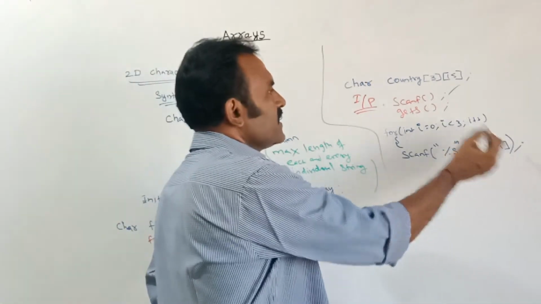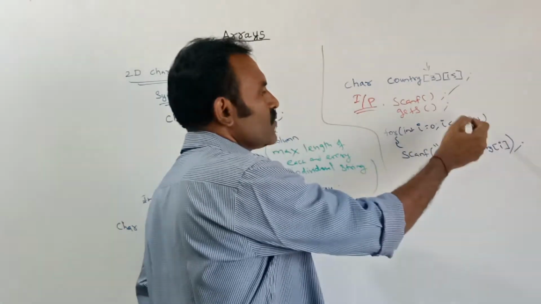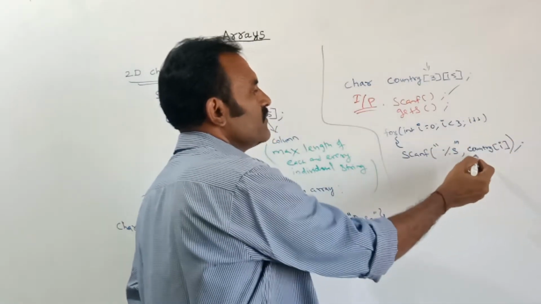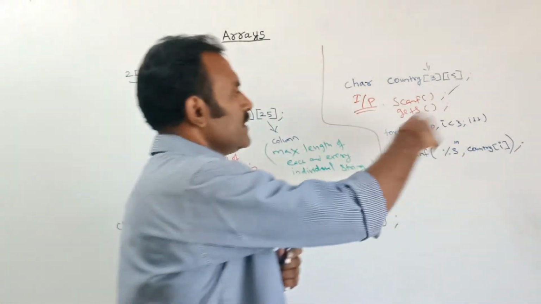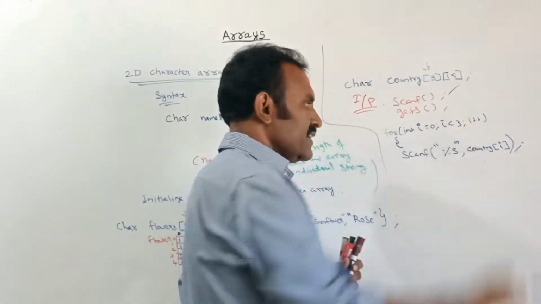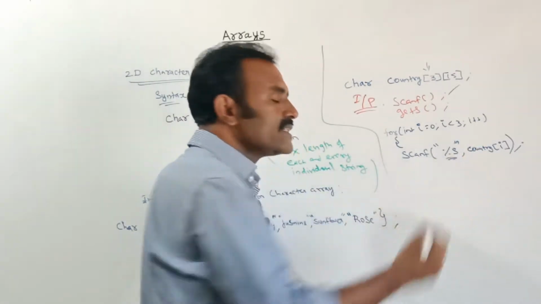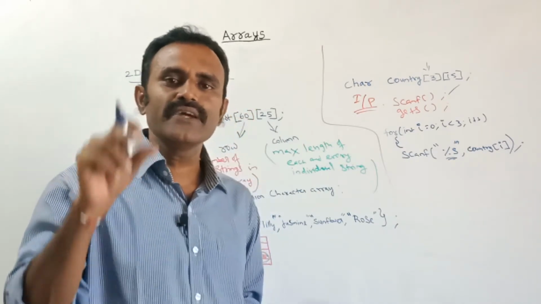So here I am specifying the first dimension, from 0 to the second value, that is totally 3 countries I can store to the variable. Here the second dimension we need not specify, because this %s is used for storing the string value to the variable.